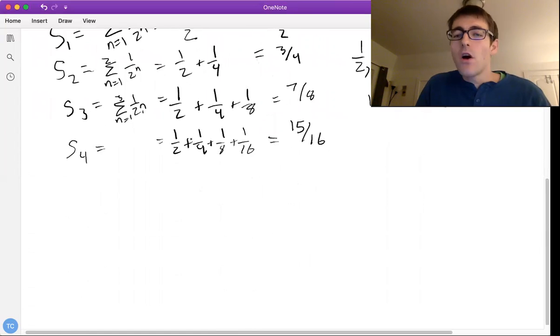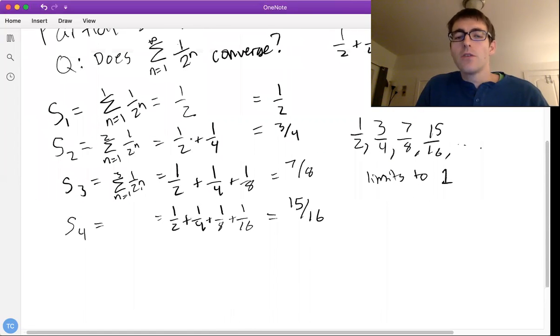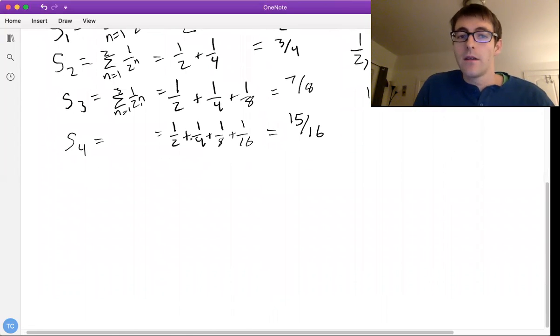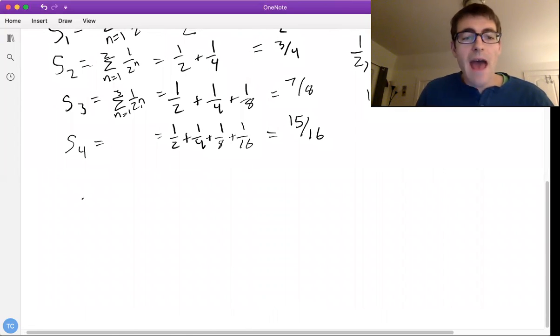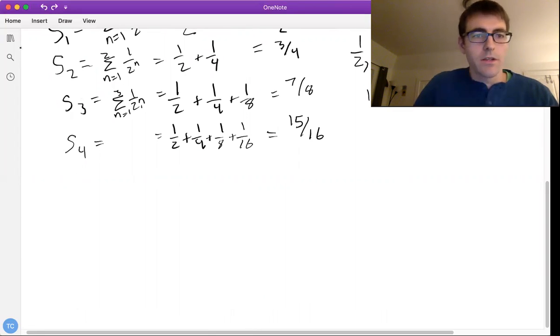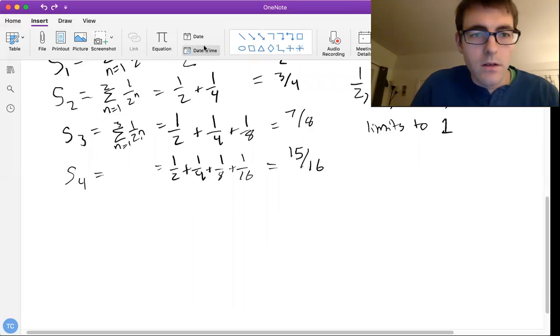I wanted to also include a geometric, sort of graphical, way of seeing this. So let's say we've got a square.